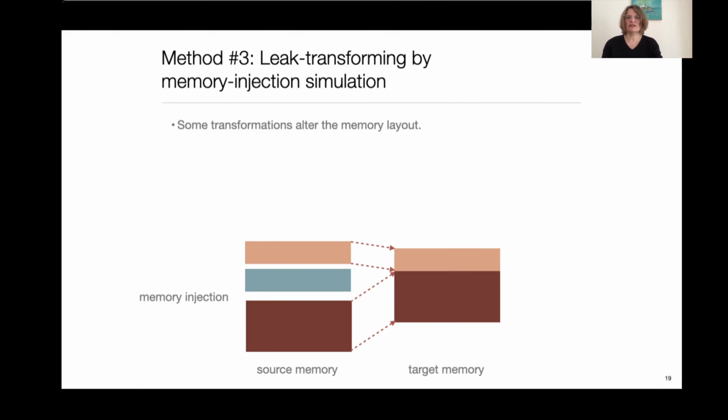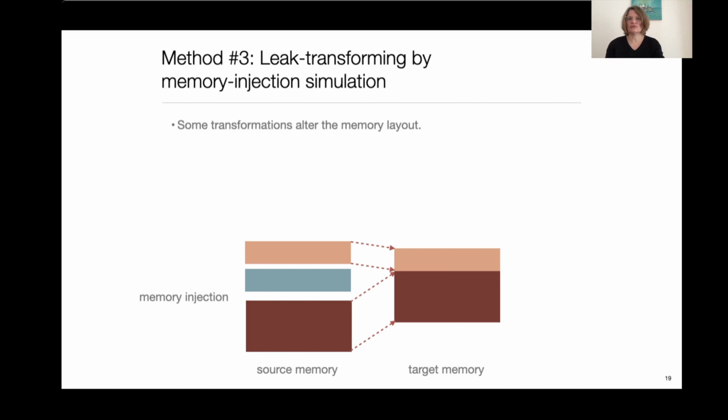Another way of modifying the trace of leakages is to alter the memory layout. Indeed, the memory layout evolves during compilation of a program. For instance, some memory blocks are added while others are merged. So to relate memories before and after this modification, the memory model of CompCert comes with the notion of memory injections.